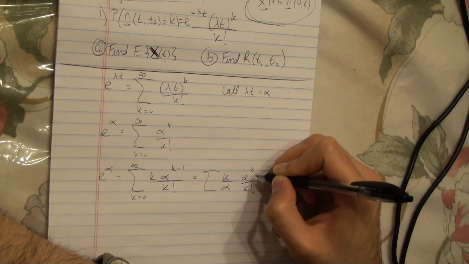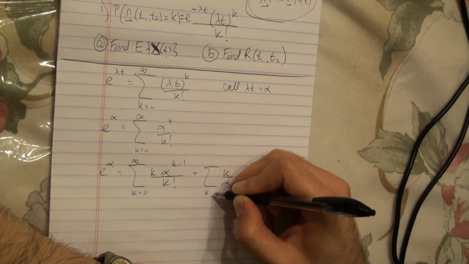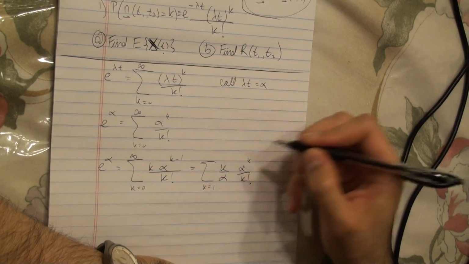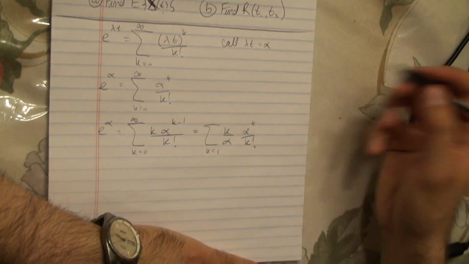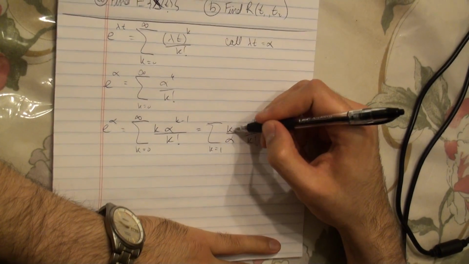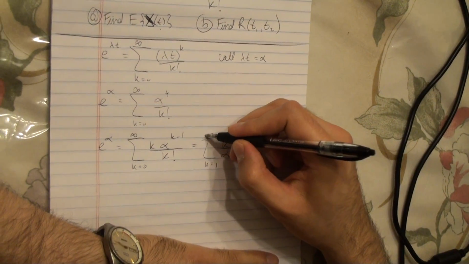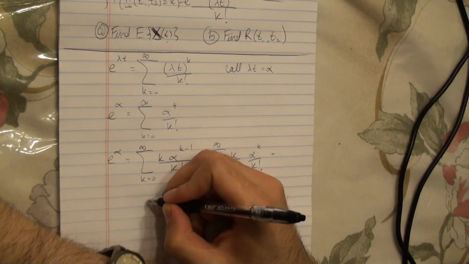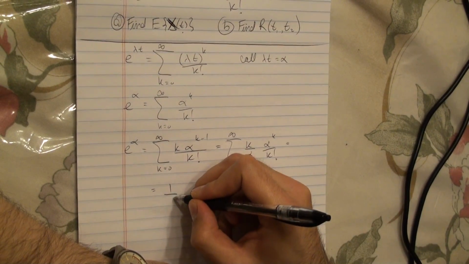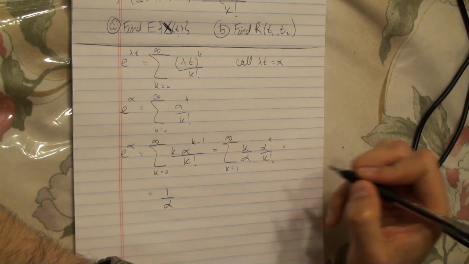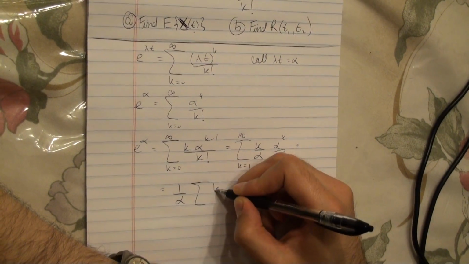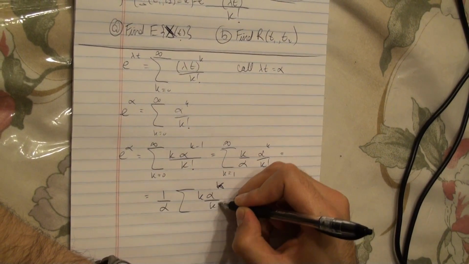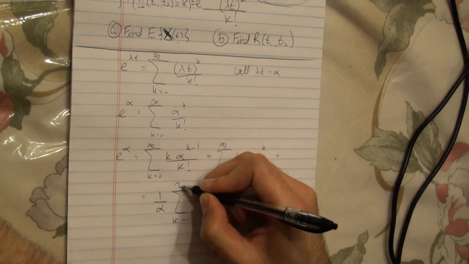At k equal to 0, we just get 0, so we can start the summation from 1 and go onward, because at 0 this becomes 0. Now the alpha we can take out, because it's a constant, so we get 1 over alpha summation k alpha to the k over k factorial from k equals 1 to infinity.